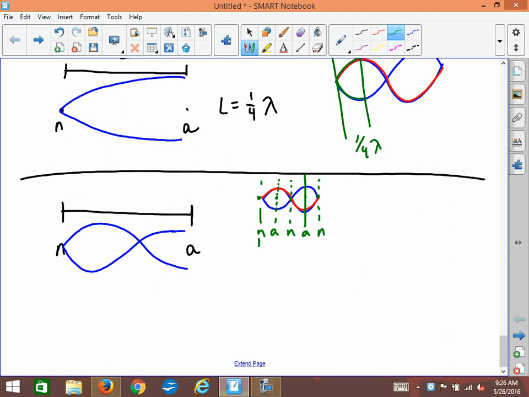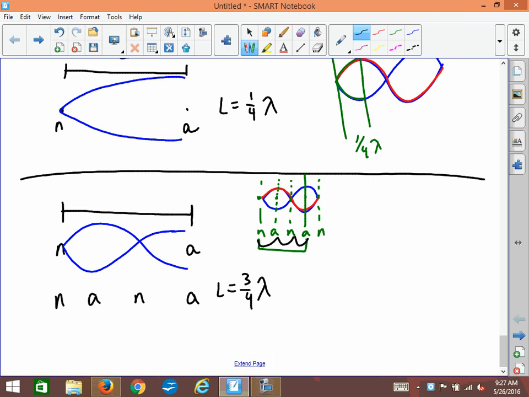My picture is this much, and so the simplest situation would be node, antinode, node, antinode, node, and that is L equals 3/4 of a wavelength. Because remember, it's a quarter distance. There's a quarter in here, quarter in here, quarter in there.